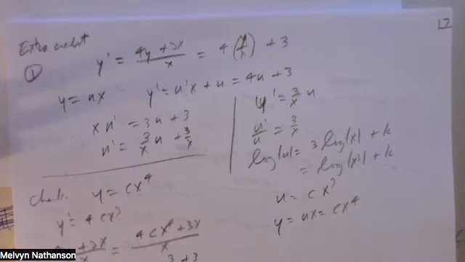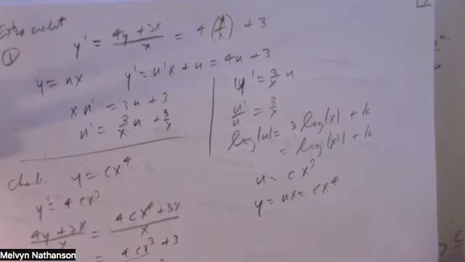So this is y. So y prime is y plus 3. But something isn't right here.